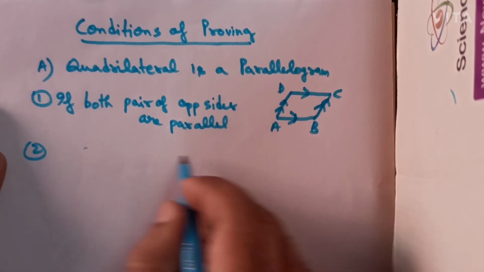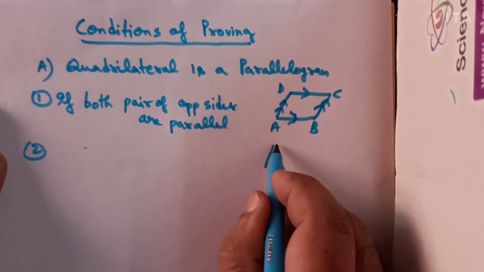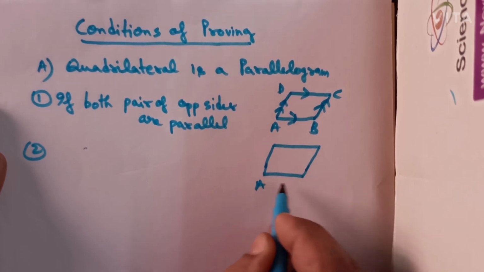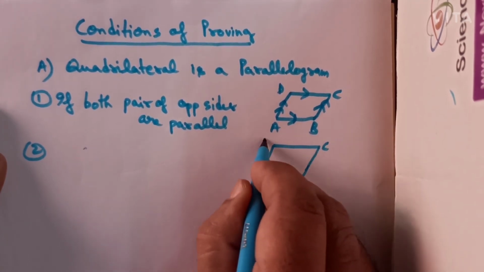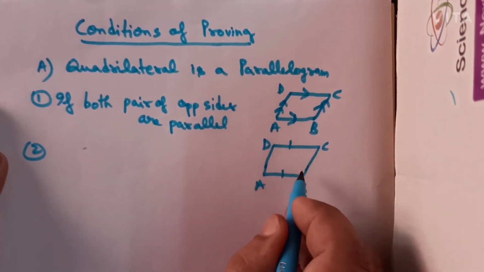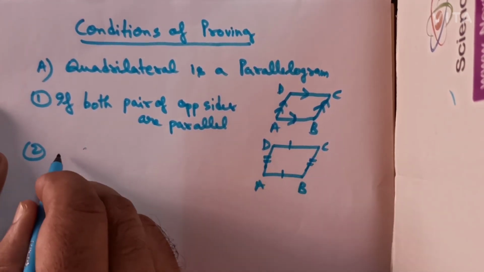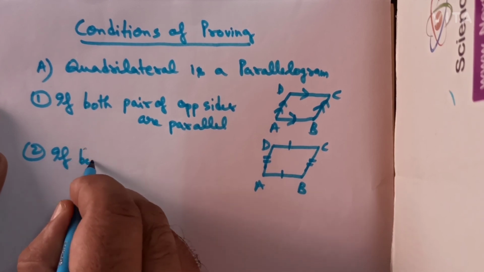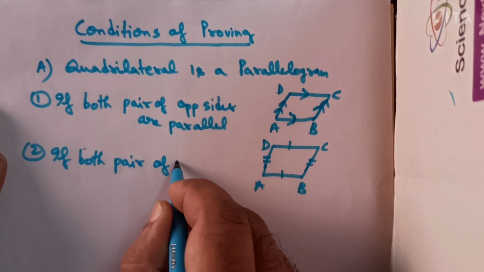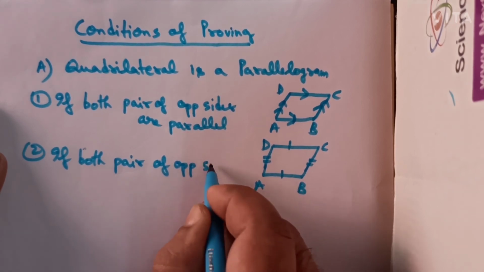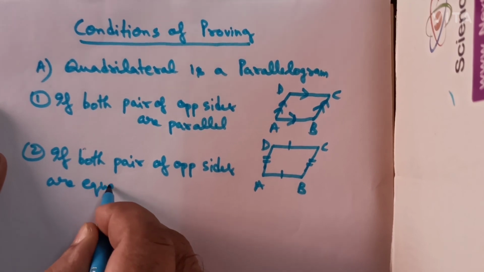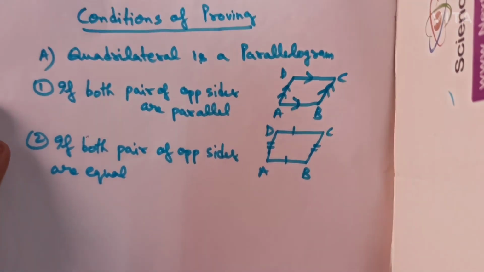Second, similarly, if again we have a quadrilateral ABCD and we need to prove that it is a parallelogram, if both pairs of opposite sides are equal, then it is a parallelogram.